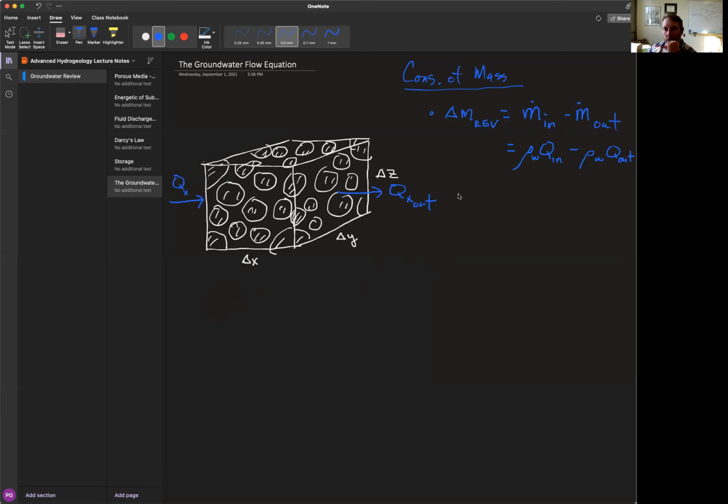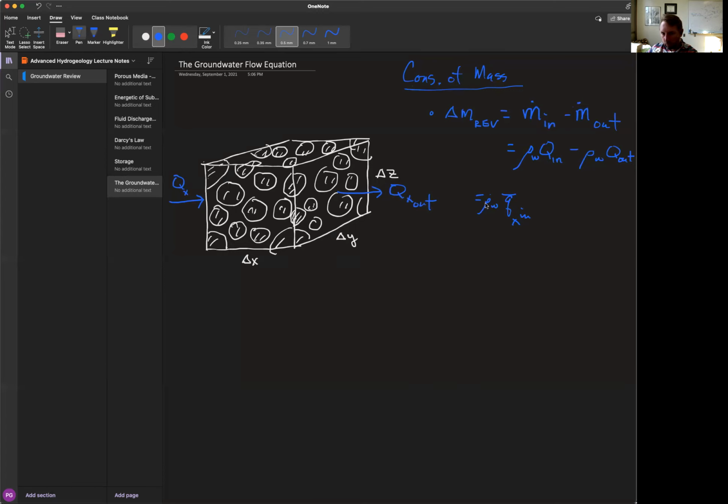And so the other way to write this is rho water times Q sub X in, where this is the flux or discharge per unit area, and then I just multiply it by the area across which it's flowing.